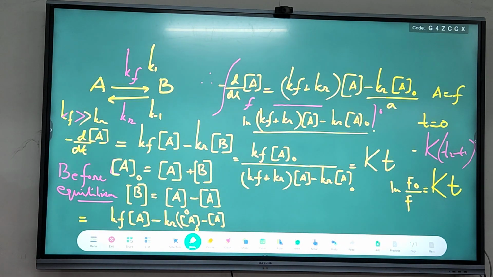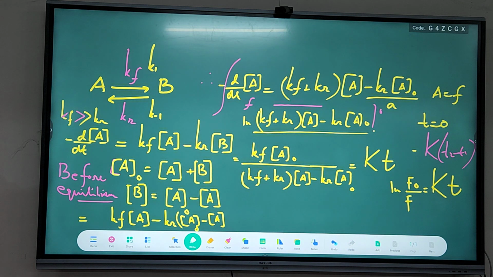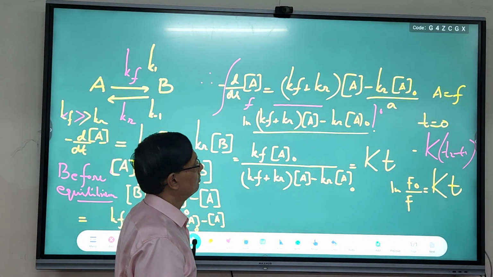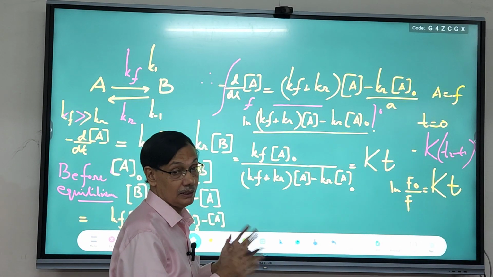So equilibrium is very important, where the rate of forward reaction is equal to the rate of backward reaction. So therefore we have to modify this equation to get the final equation.